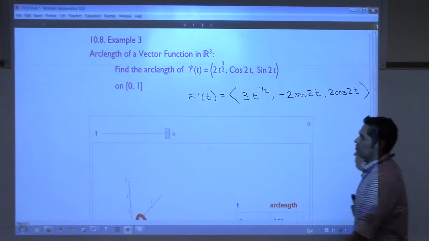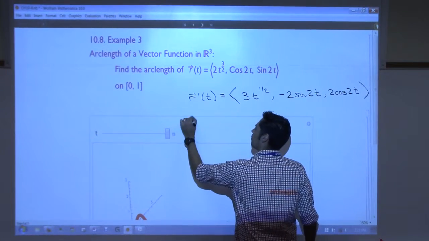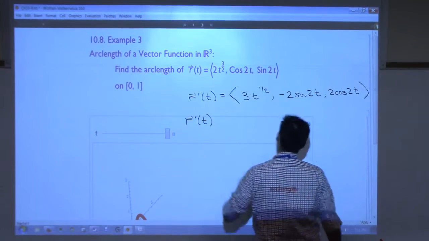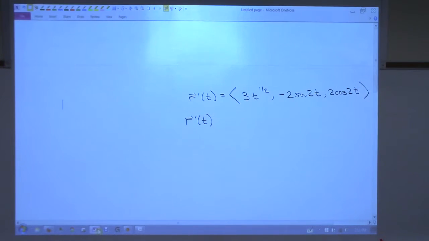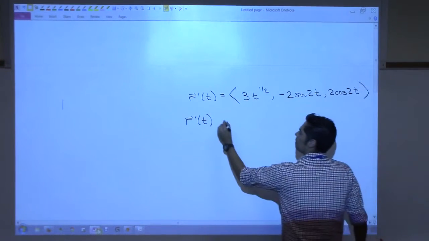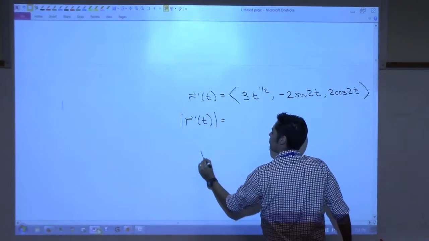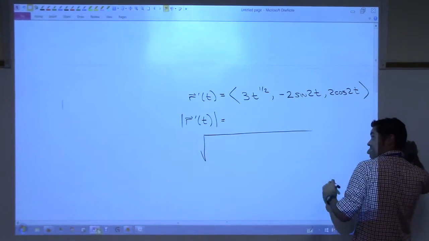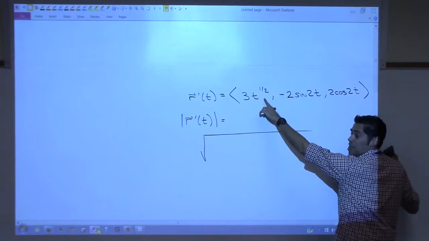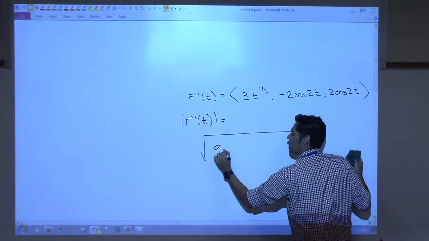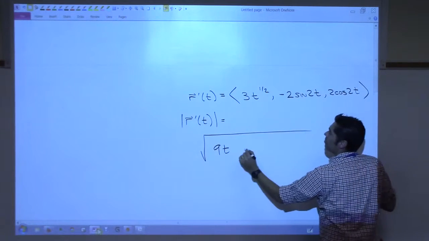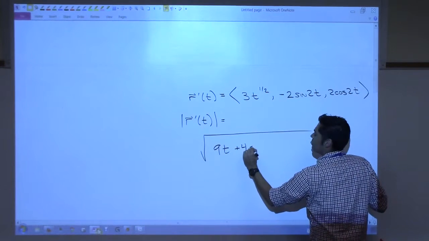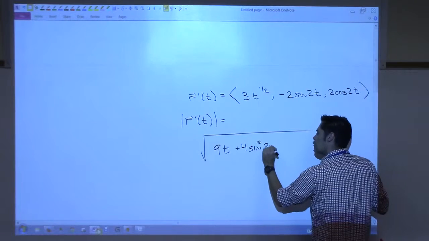And then the magnitude. Square root of 9t, right? Square this, you get 4 sine squared 2t.